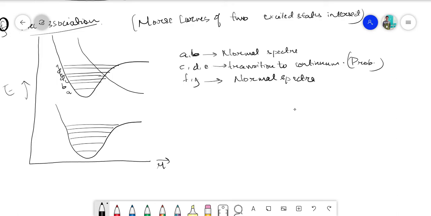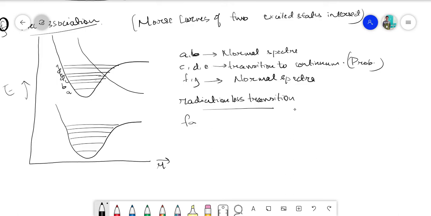Okay. Now this kind of transition from normal vibrational energy levels to the continuum of states is known as a radiation transition, or let's say a negative transition. Okay.